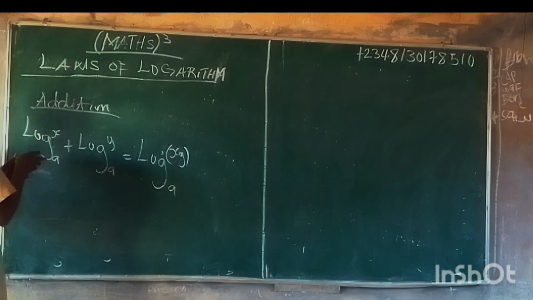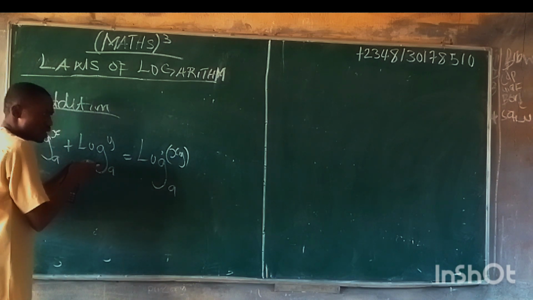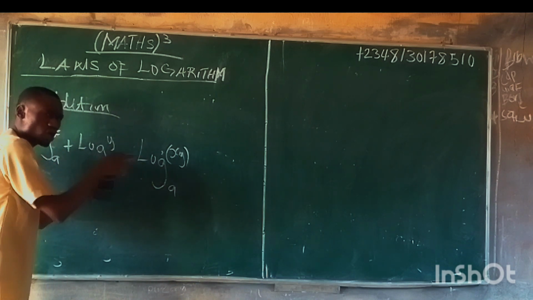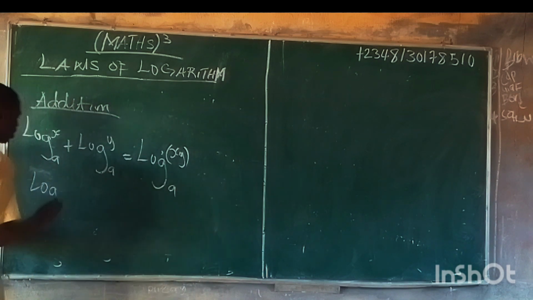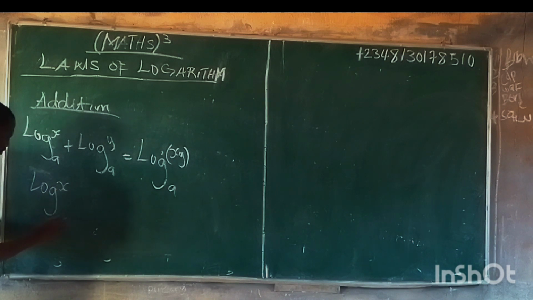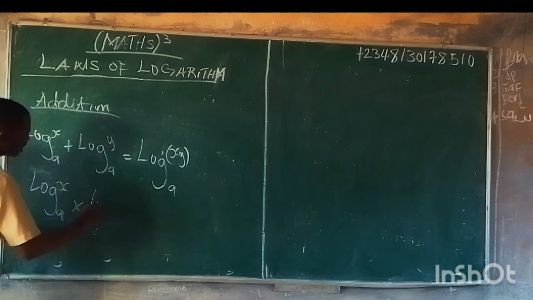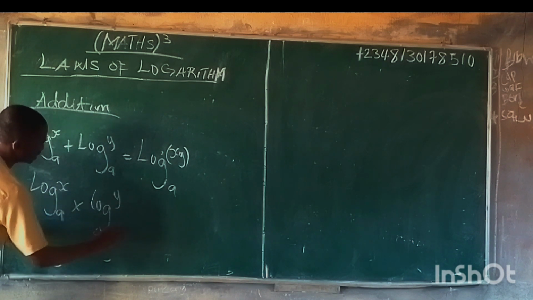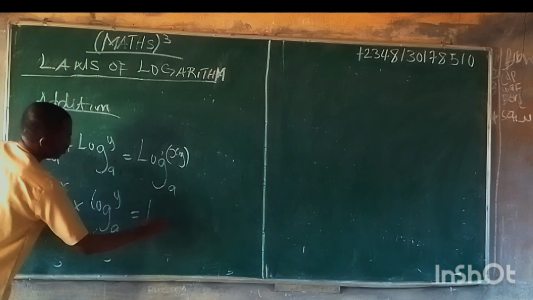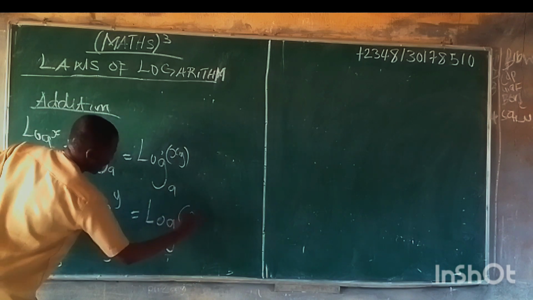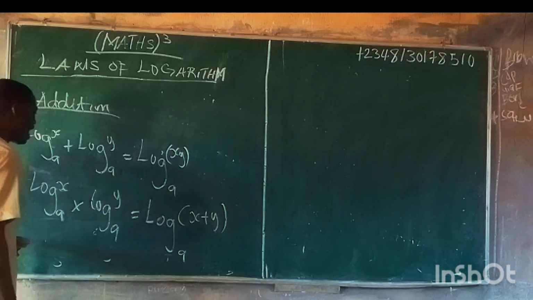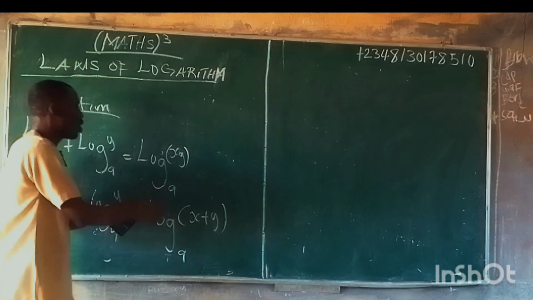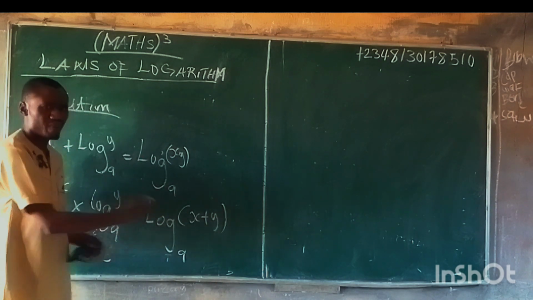When you have the addition of logs, the answer is the product of those logs. Meanwhile, if you have the product of logs, it's also the addition of those logs. Log x base a times log y base a equals log x plus y base a.